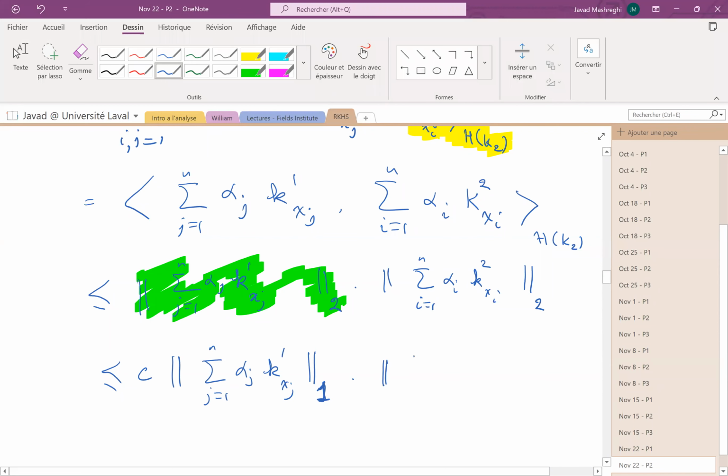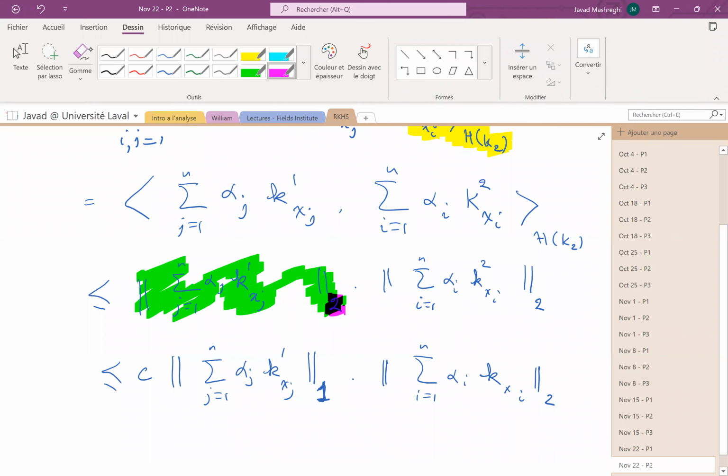And the second doesn't change. So this allows us to go from 2 to 1.